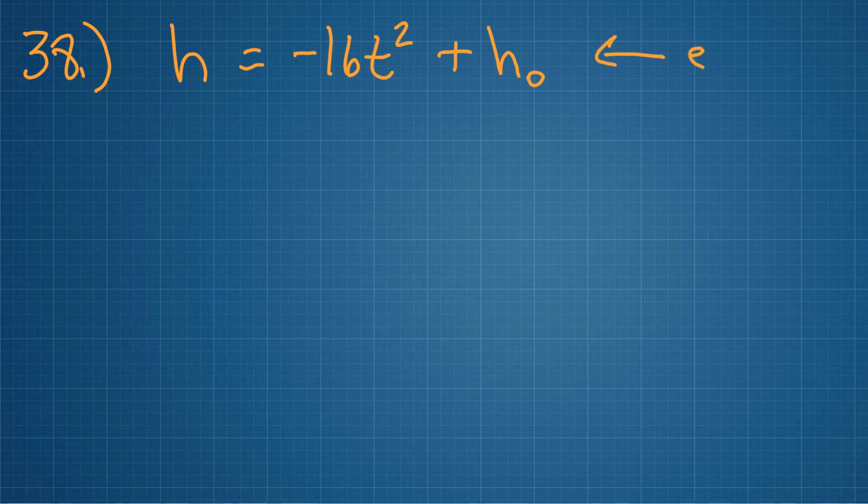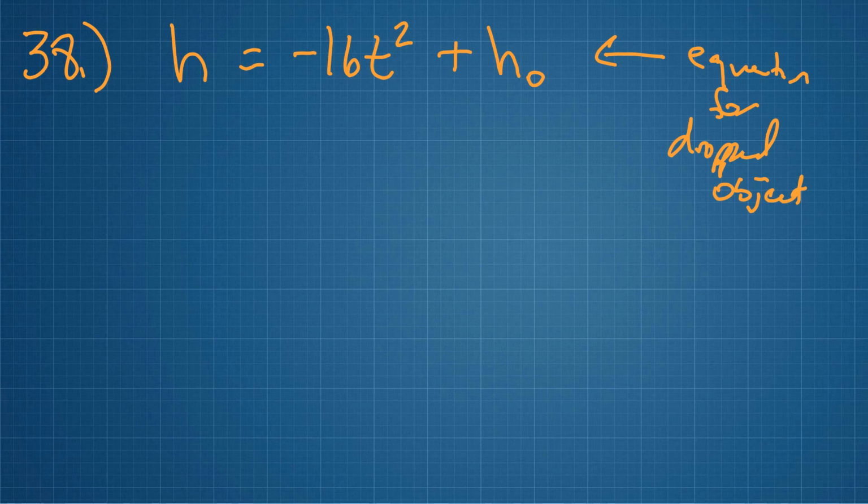Alright, for 38 you had to know that h equals minus 16t squared plus h sub 0. That's just the equation for a dropped object. It's incorporating gravity and stuff, okay?